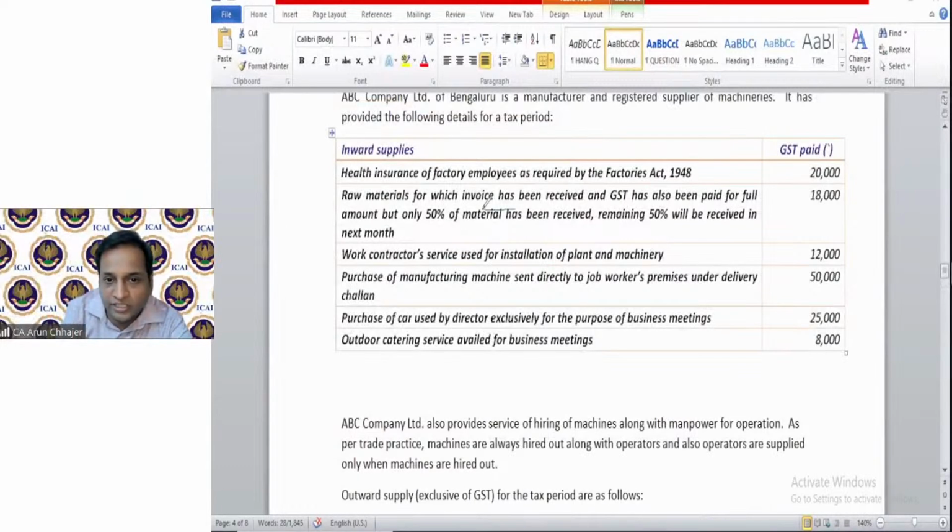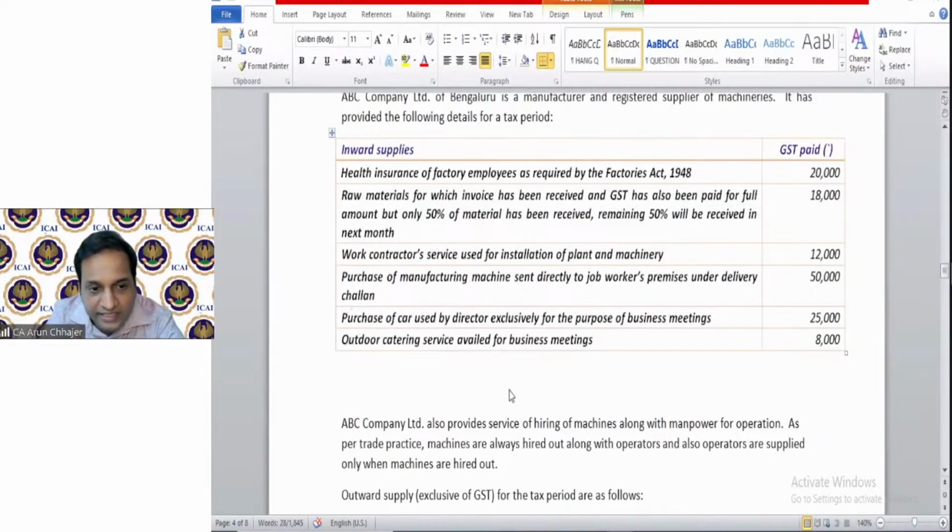Raw material of which invoice has been received and GST has also been paid for full amount, but only 50% of the material has been received. Remaining 50% will be received in the next month. Work contract service used for installation of plant and machinery. Purchase of the machine sent directly to the job worker premises under the cover of the delivery challan. Purchase of the car used by the director, outdoor catering services for the business material.